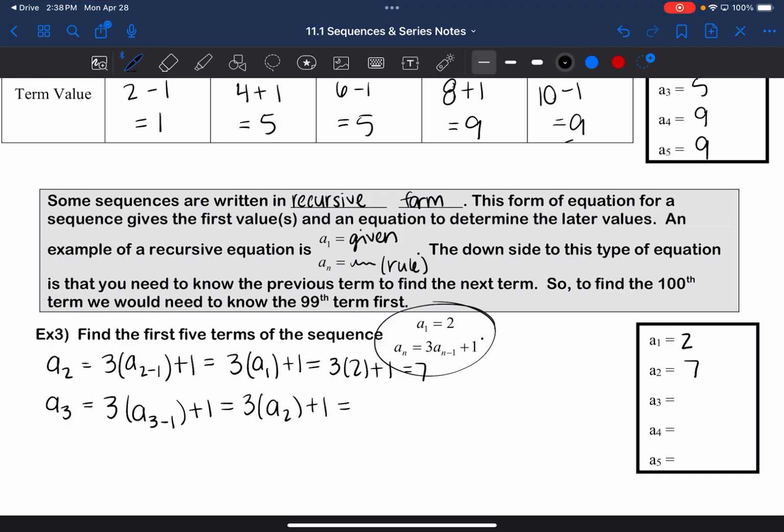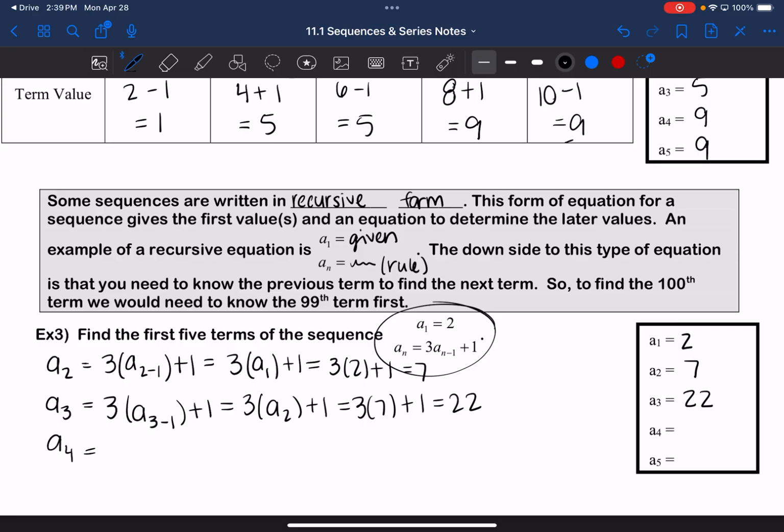And what did we figure out that a sub 2 was? 7. So I can plug in 7, which is going to give me, right. So our third term would be 22. But I wouldn't have been able to just find the third term right off the bat, right? I had to know the second term to help me find the third term. Okay, same for the next two.